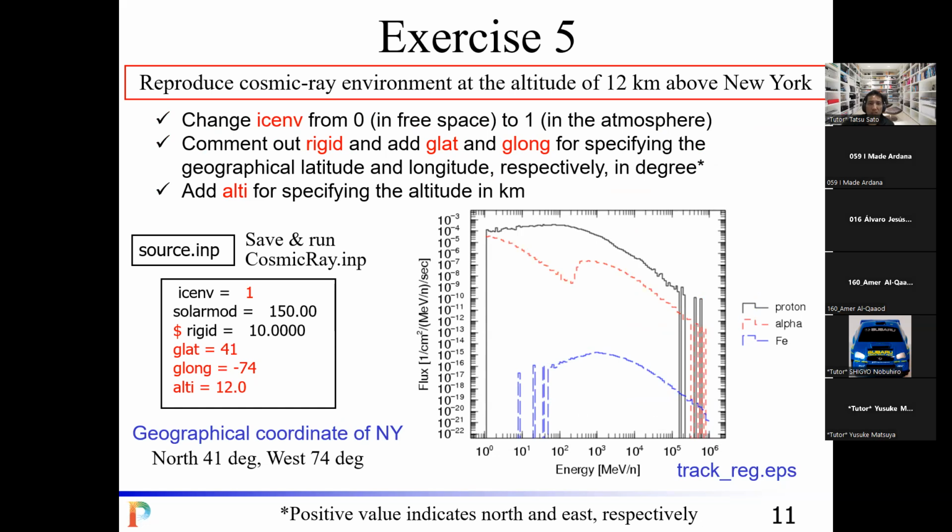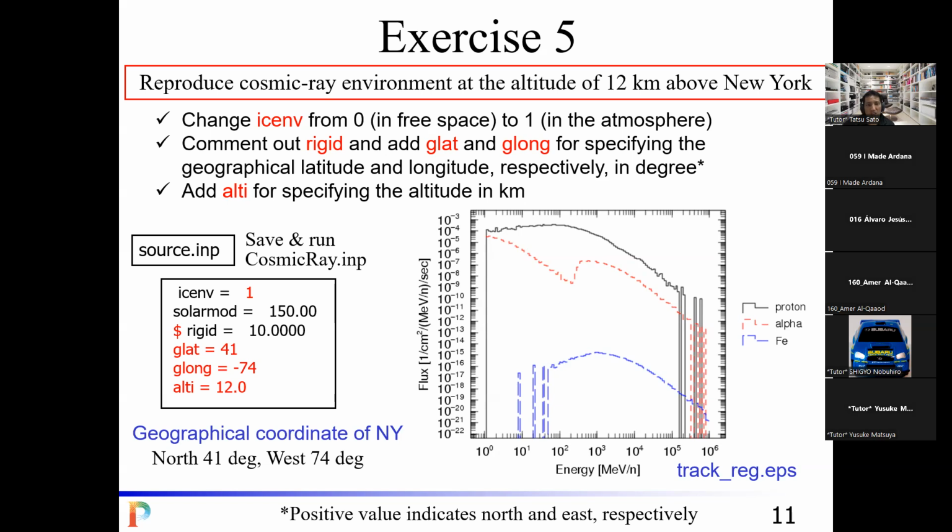Okay, so next let's try to reproduce the cosmic ray environment at an altitude of 12 kilometers above New York. To reproduce a terrestrial cosmic ray, you have to set the ICM parameter to 1 in the atmosphere mode.